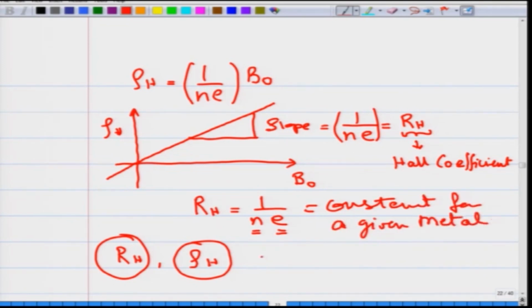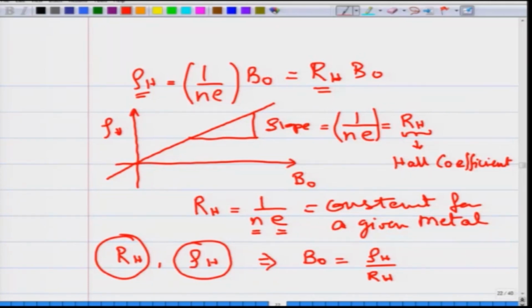What you immediately know from this relation is that the magnetic field in your experiment is just rho h divided by Rh. This is Rh into B naught. So, if you measure this and you already know Rh of the material, you can immediately find out the unknown magnetic field.